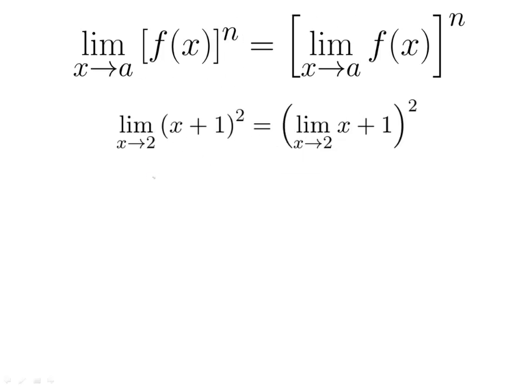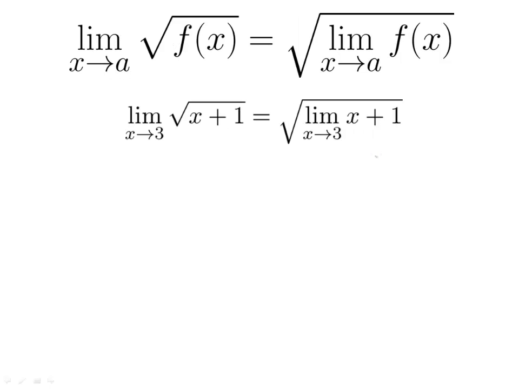Another example is if we're taking the limit as x approaches 2 of x plus 1 quantity squared, we can pull it out and just evaluate the limit as x approaches 2 of x plus 1 and then square it at the end.